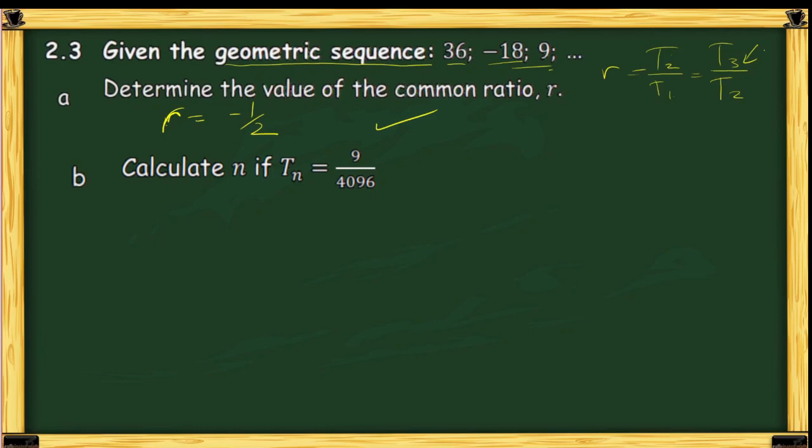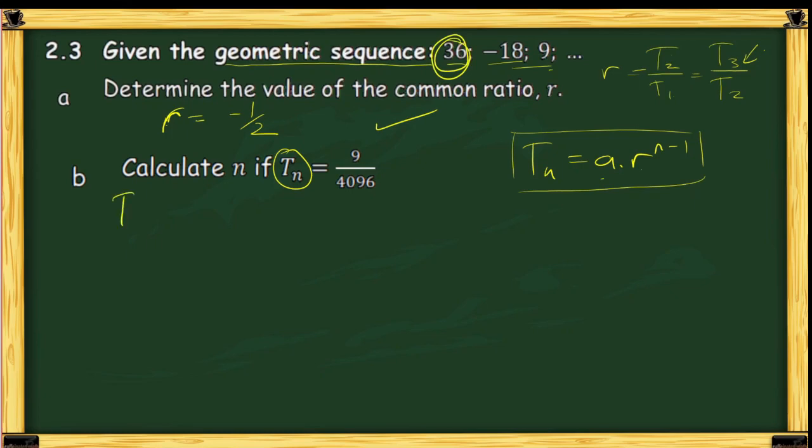Well, first off, we need Tn, and I've provided the formula sheet. Should have this written somewhere over there on the page. So it's just a question of correct substitution. We have the value of r, we have the value of a, of course.